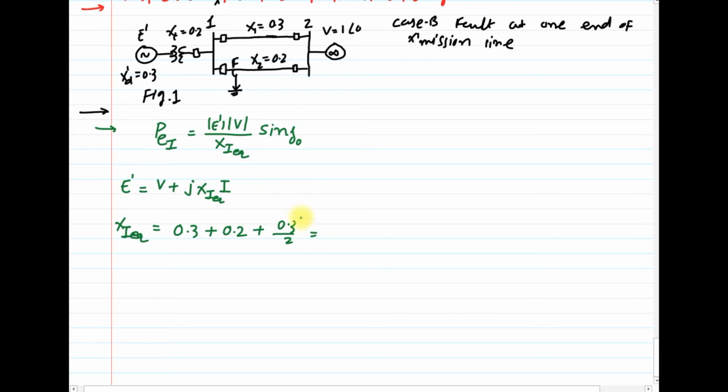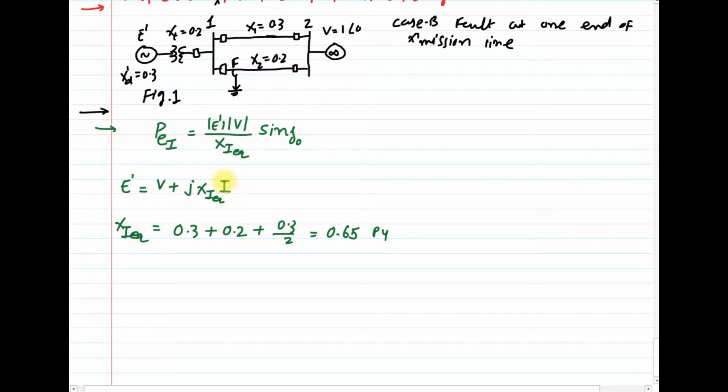So the final answer for X1 equivalent is 0.65 per unit. Clear? As all these values in the diagram are given in per unit or common base. So yes, we have calculated the X1 equivalent.